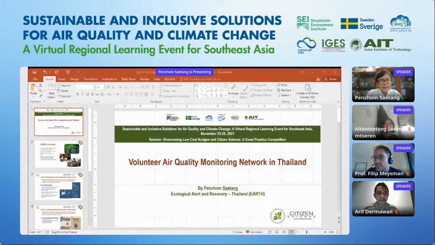At the same time, we also observed there have been lab studies about PM 2.5 related to industrial sources in Thailand. So these are what we want to do regarding air pollution monitoring.